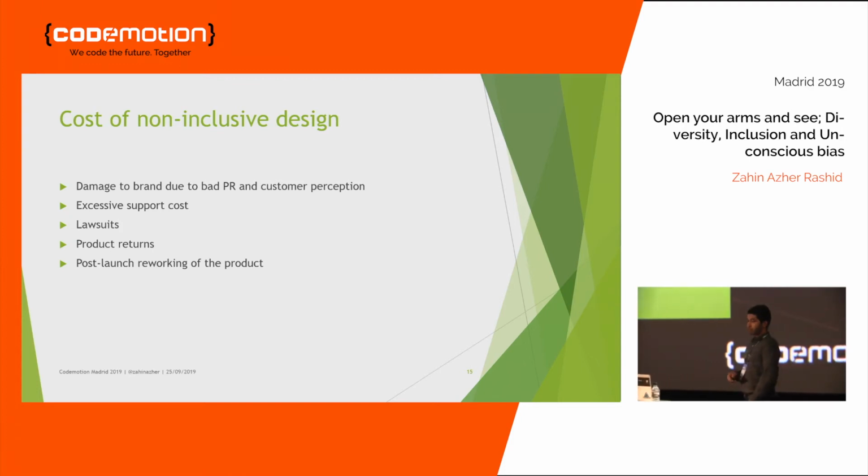So if we don't design inclusive products, what are the consequences or the cost of non-inclusive design? Definitely, it's going to damage your brand and your business, due to bad public relations and customers' perception. Eventually, the support cost is going to be huge. And if something is non-inclusive, you might have to deal with lawsuits, and believe me, they are really, really expensive.